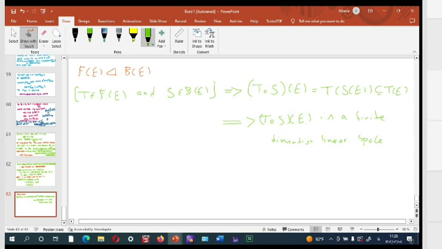And also from these assumptions we can conclude that S∘T of E, or S of T of E, is a finite dimensional vector space.